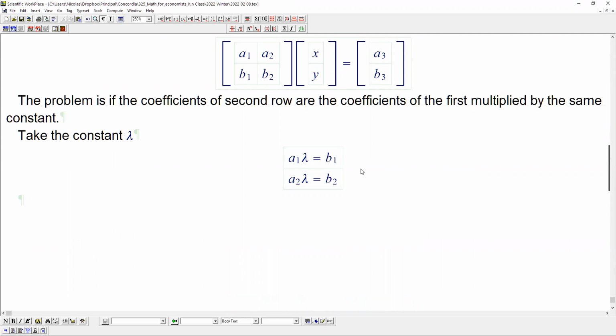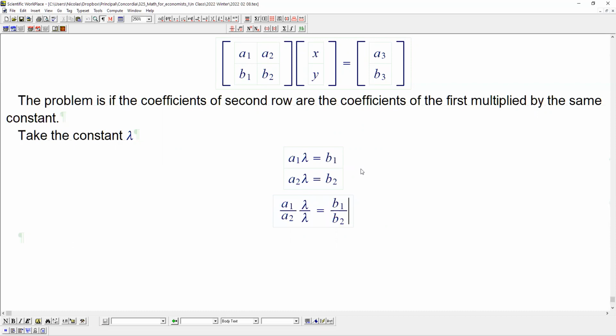And then what can I do? Well, let's divide the first equation by the second. So I would have A1 divided by A2 times lambda divided by lambda, which would cancel out, and would give me B1 divided by B2.